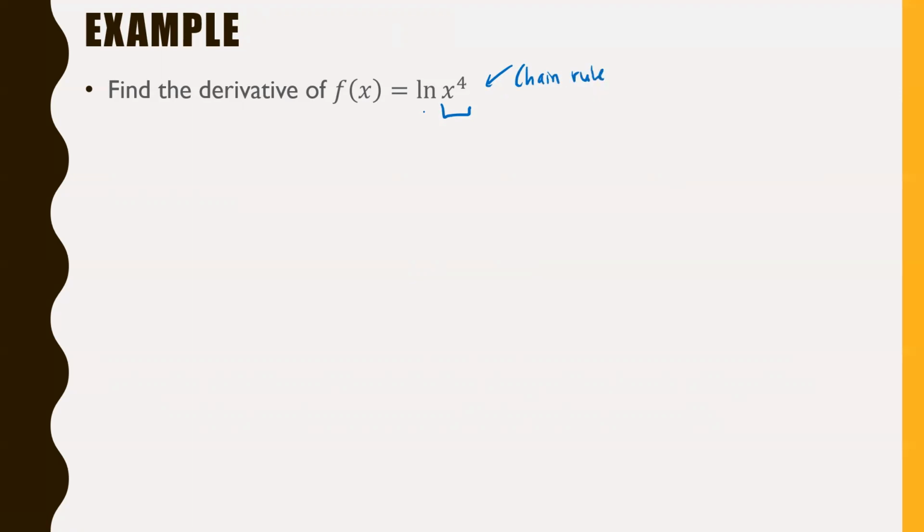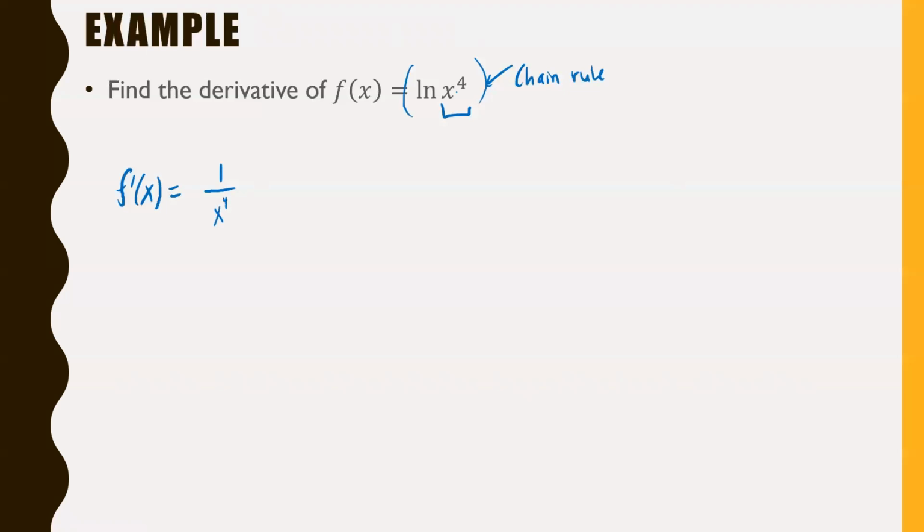So not only are we going to take the derivative of the ln on the outside, we also have to take care of the fact that we have x to the power of 4 on the inside of the function. So here's how it's going to look. Let's take the derivative of the outside of this function. The stuff happening on the outside is just ln of x to the power of 4. Well, the derivative of ln is 1 over the stuff inside of it, so it would be 1 over x to the power of 4.